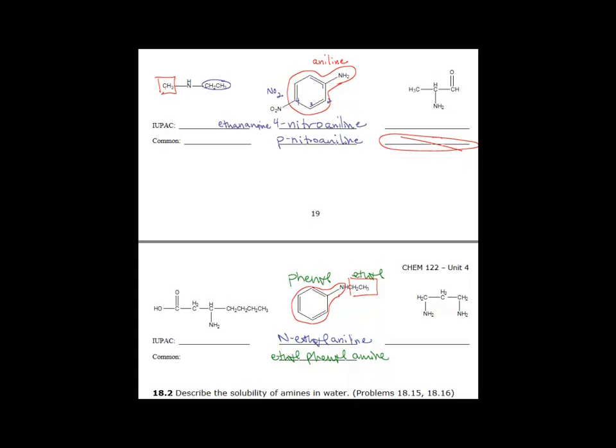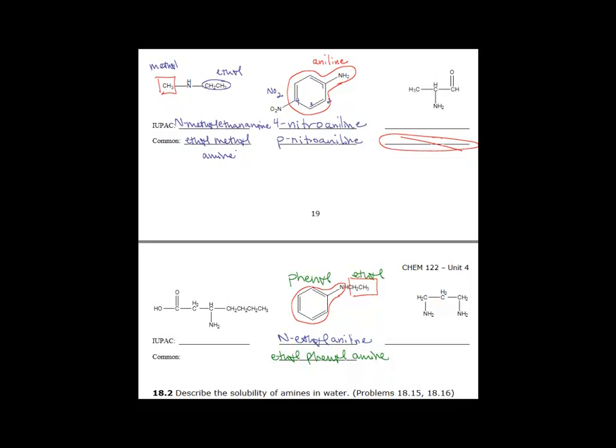The alkyl group coming off is N-methyl, so N-methyl ethanamine. It's the IUPAC name. Common name, methyl and ethyl are alkyl groups. So it would be ethyl, methyl, amine.